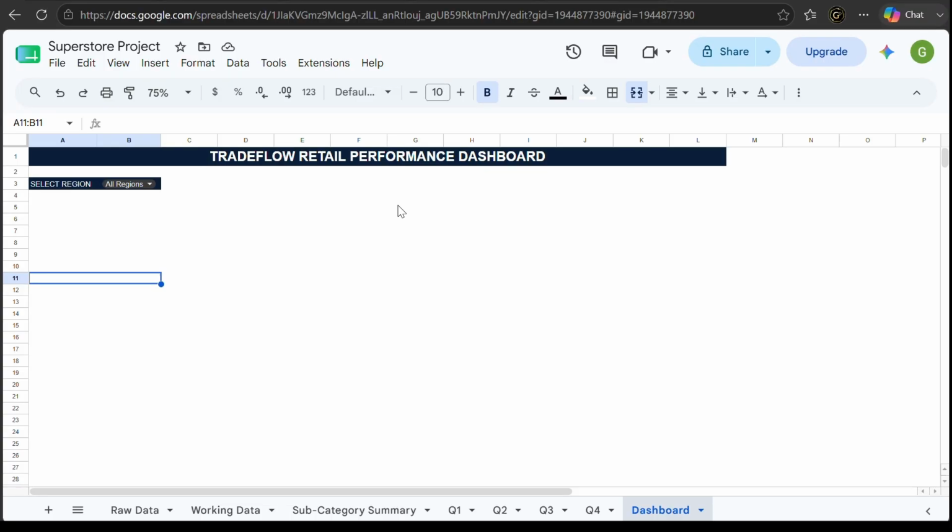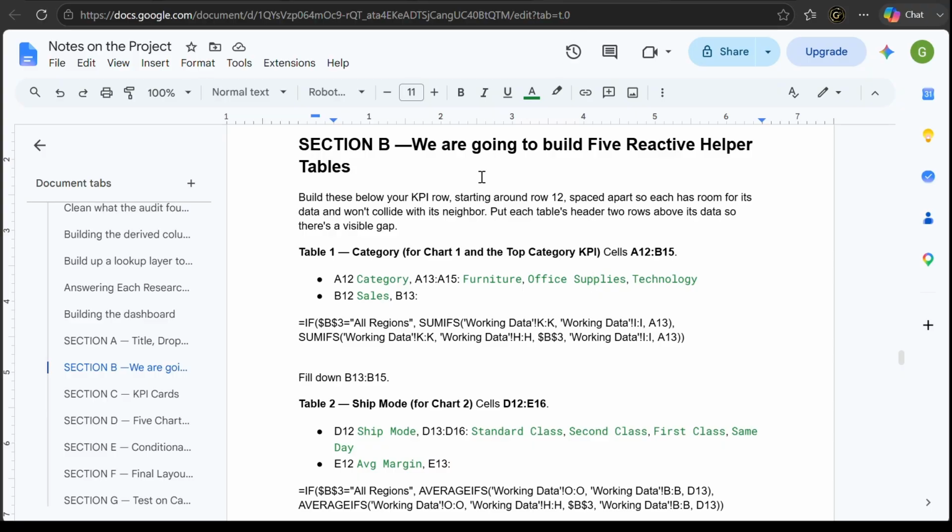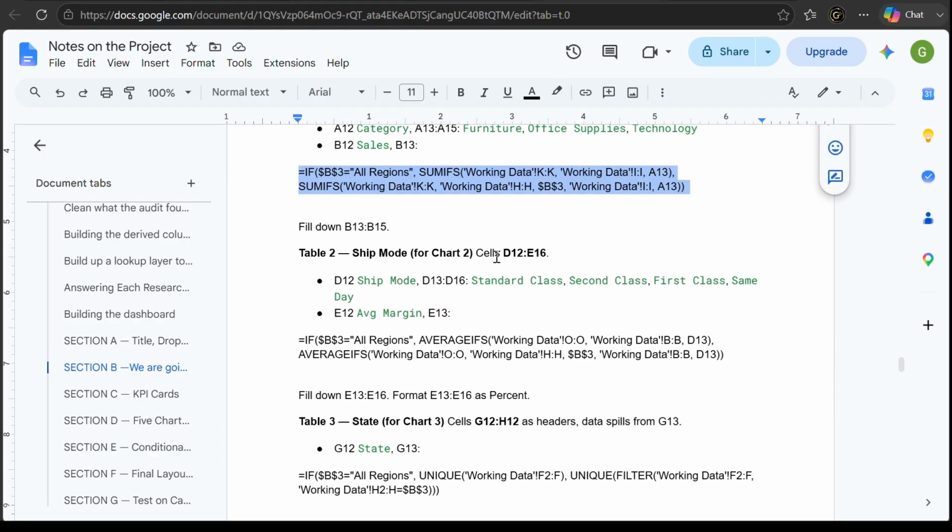So we are going to proceed to building five helper tables that would actually help us to successfully build our charts. So here's how it's going to go. In order to save time, I already have my formulas prepared down here for the different tables that we are going to build. The first table would be sales by category. The second would be sales average margin by ship mode.